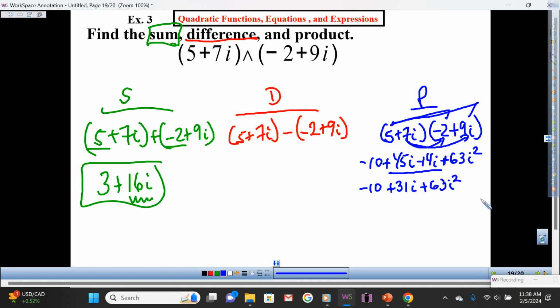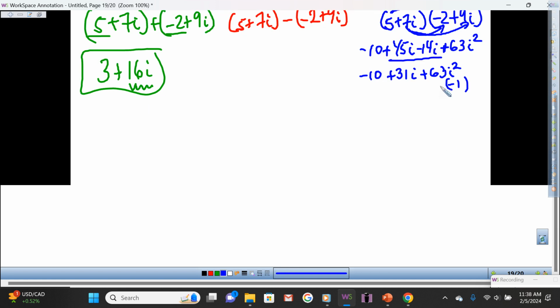Are we done? What is i squared, everyone? Negative 1. So therefore, negative 10 plus 31i minus, because it's 63 times negative 1, that's negative 63. Combine the real numbers by themselves first, so that is negative 73. Bring down the 31i, and that is our product.